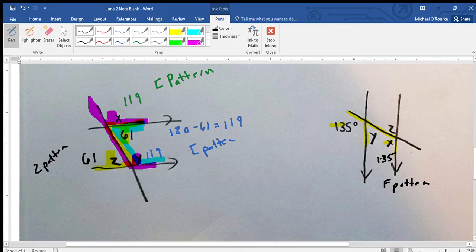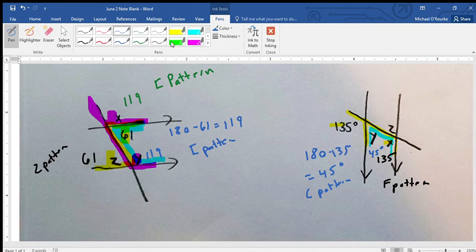So now I have an inside value, but I don't have the other inside. So let's make a C here. And a C is 180 degrees. So I'm going to go 180 minus 135, which equals 45 degrees. 45 degrees, right there. And that's my C pattern.